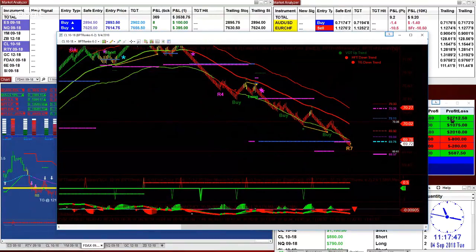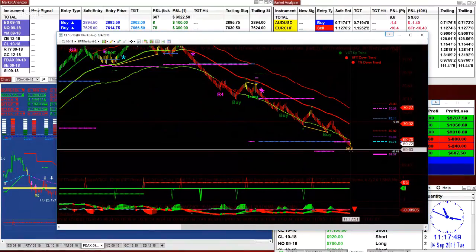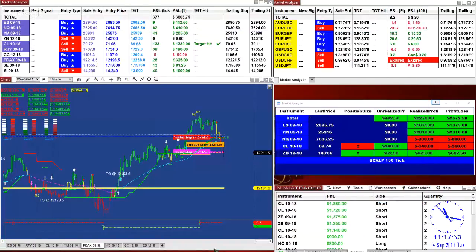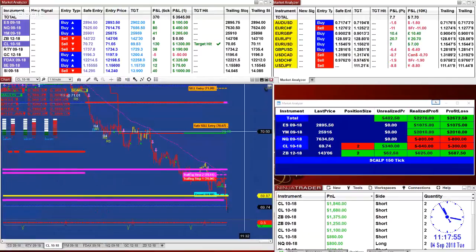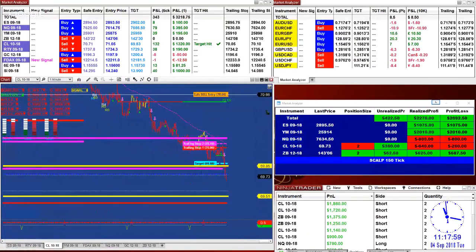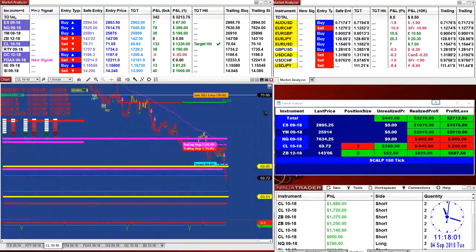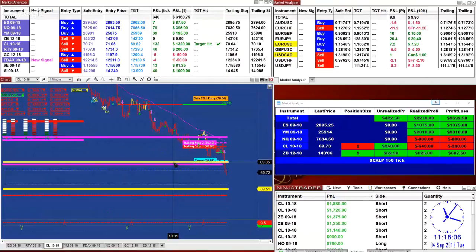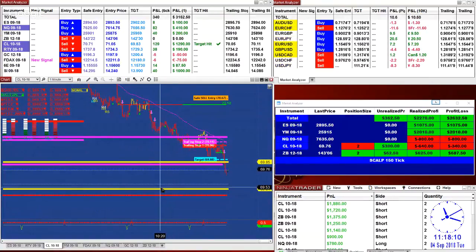Now we have a support line out of the band, R7. If we look at the technical area on the CL, those two yellow lines are an indication that this market is no longer valid in short.